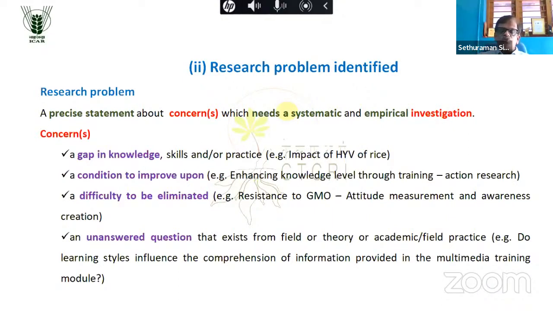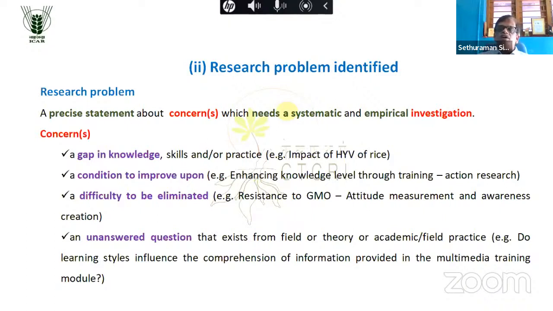So what you are supposed to do is, as an extension science person, you go and measure the attitude of the farmers, and again you see what the awareness about GMO is. Because most of the time, when people are not adopting, or are resisting, or having a negative attitude towards some technology, 95% of the time that may be due to ignorance.